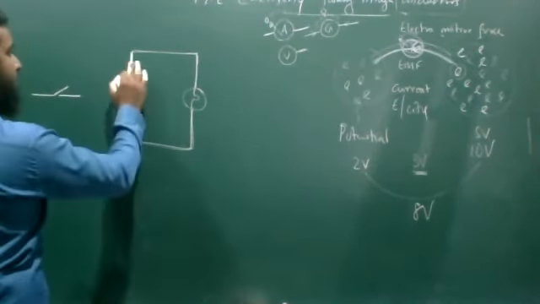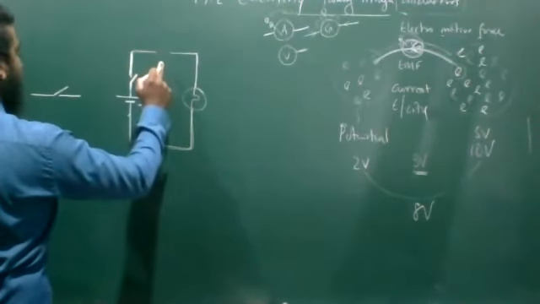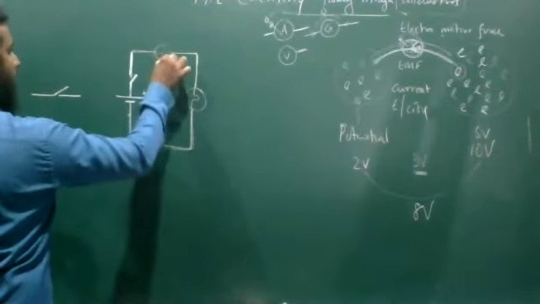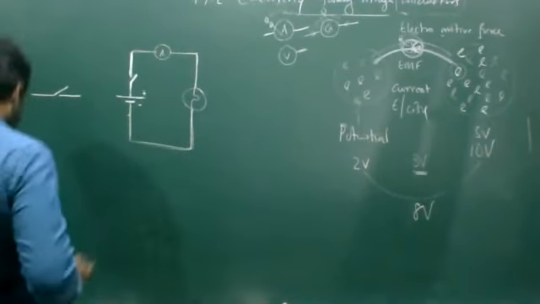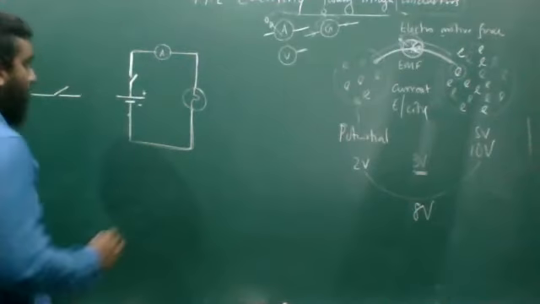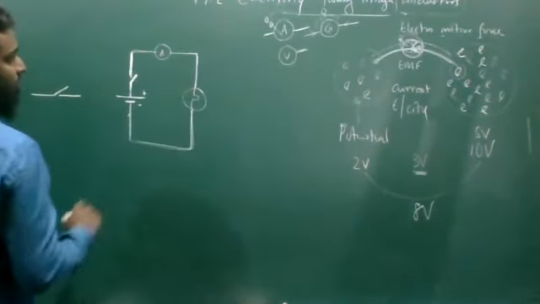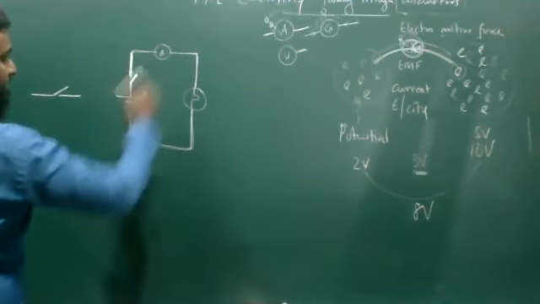Now if you want to measure the current, what you have to do is connect the ammeter in the circuit in this manner. We call this connection a series connection.